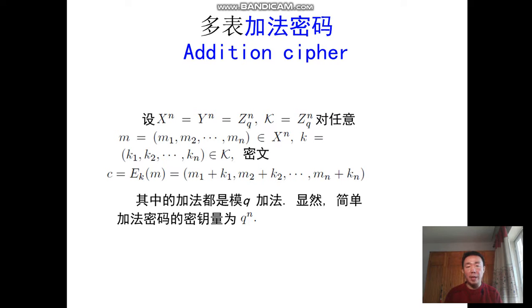For the same position of different blocks, we use the same ki. If we use block length 5 when we encrypt, we need 5 keys: k1, k2, k3, k4, and k5.